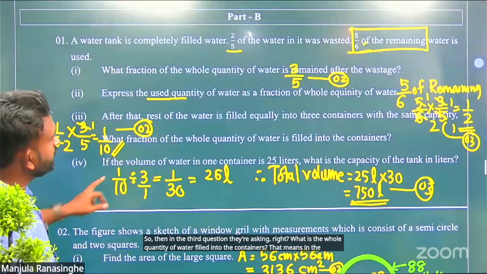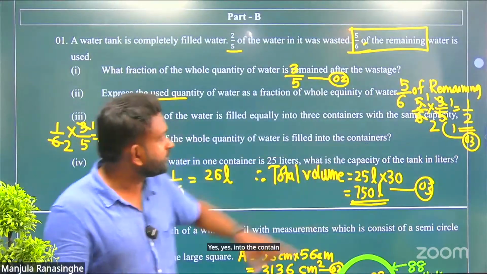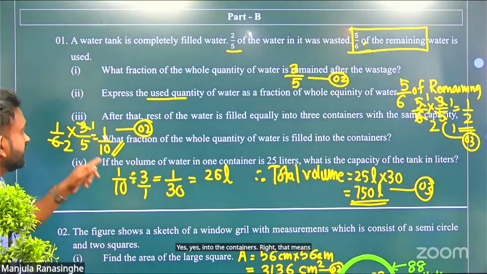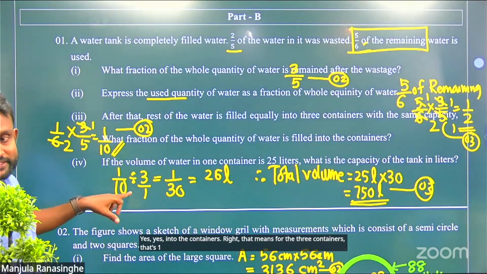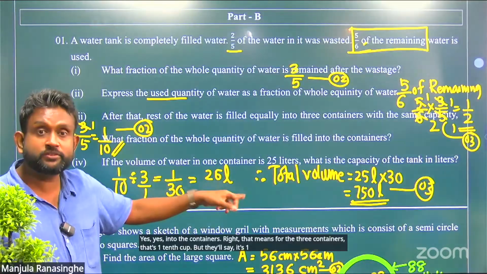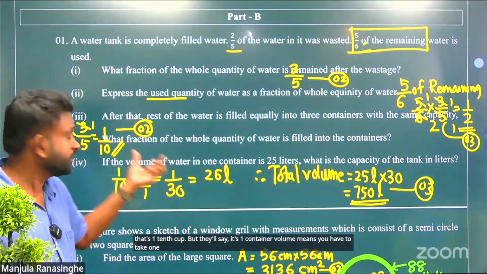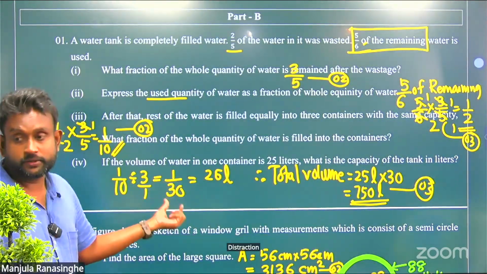So then in the third question they're asking, what is the whole quantity of water filled into the containers? That means in the three containers, right? That means for the three containers, that's 1/10. But one container volume means you have to take one container's fraction, this fraction divided by 3.